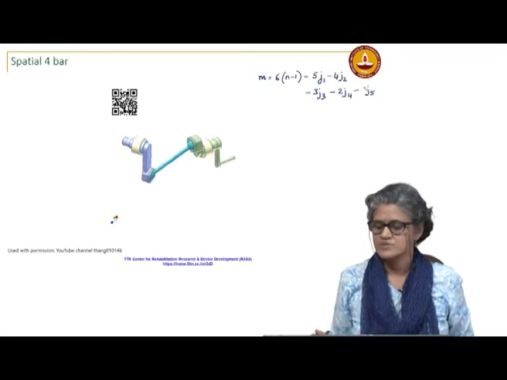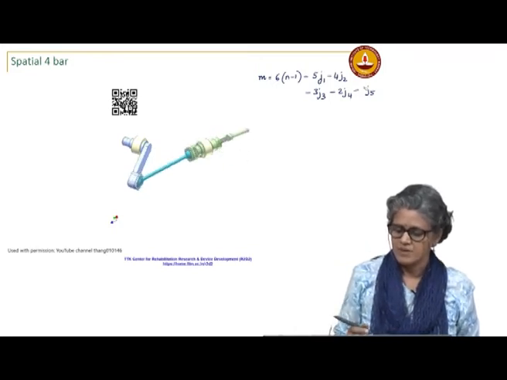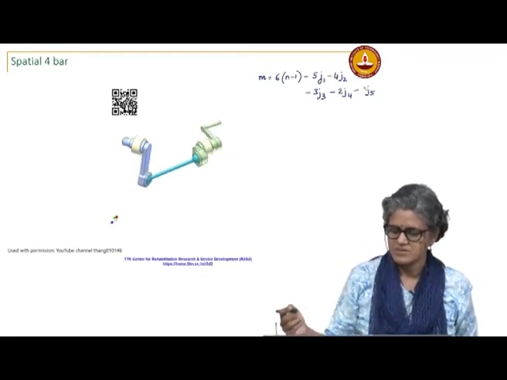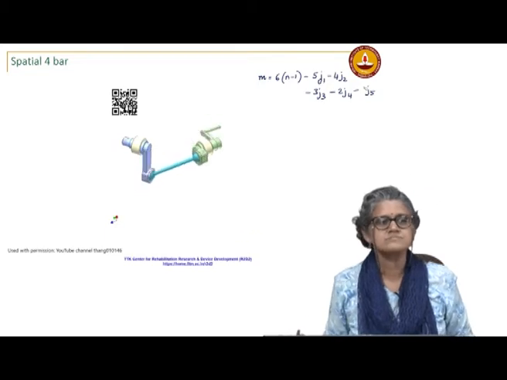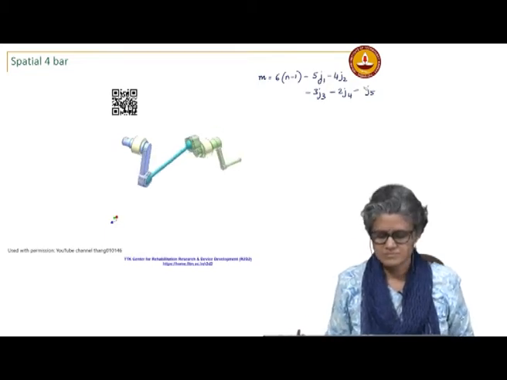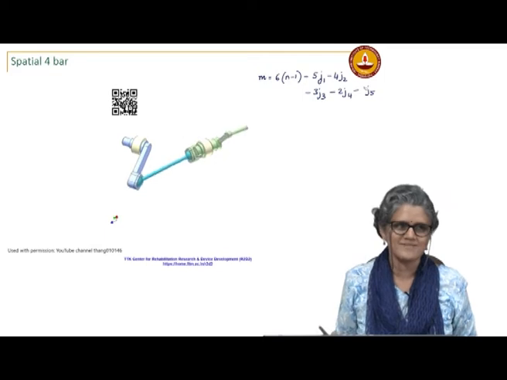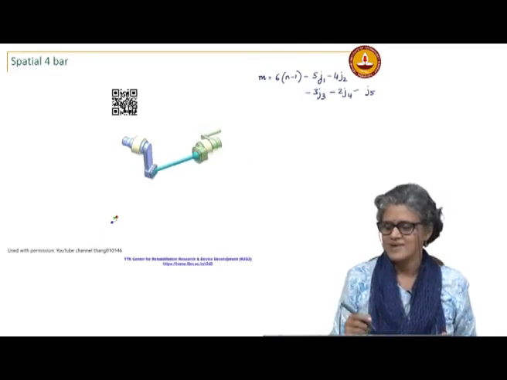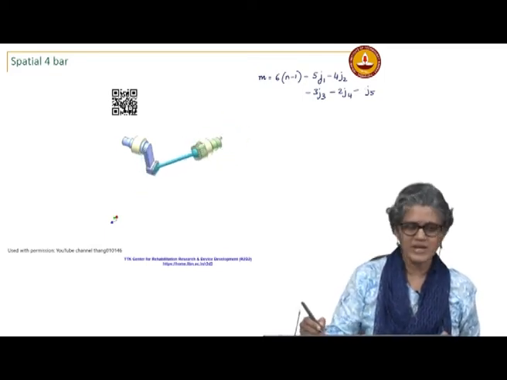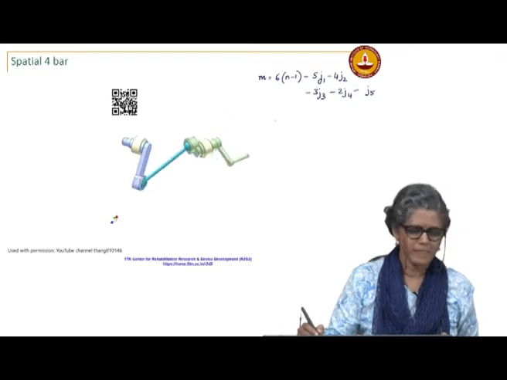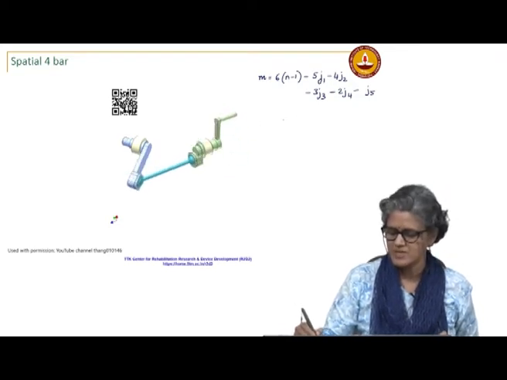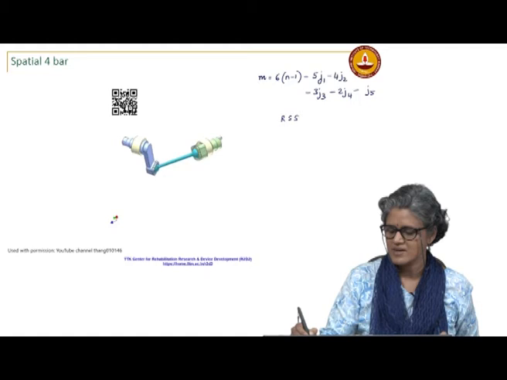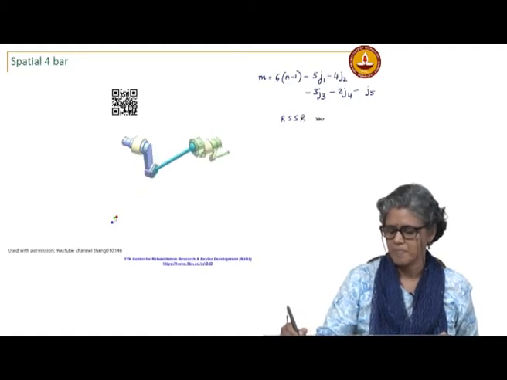Okay. So, yes. Here the coupler's rotation about its own axis. So, we are coming to that, we are coming to that. So, now if I look at this 4 bar, okay, let us do the mobility for this RSSR mechanism.